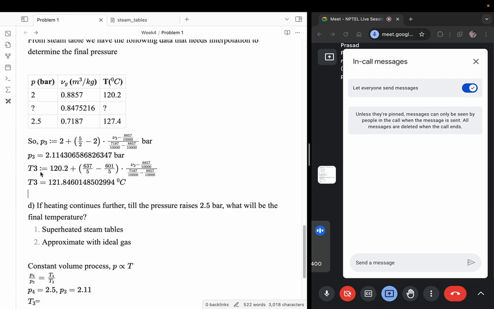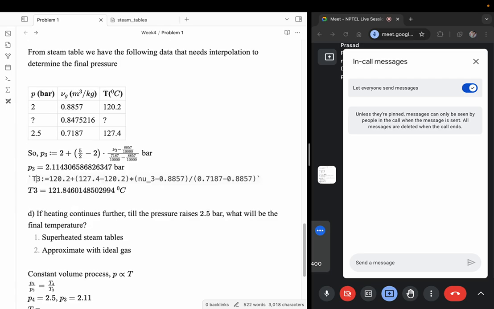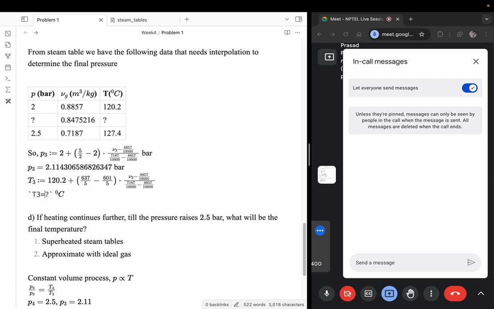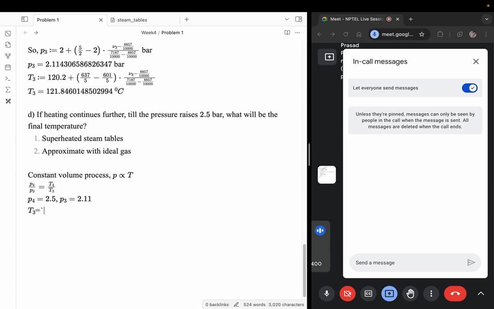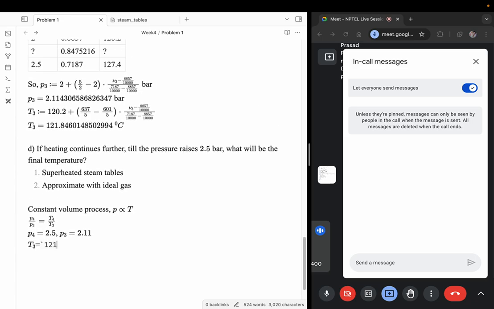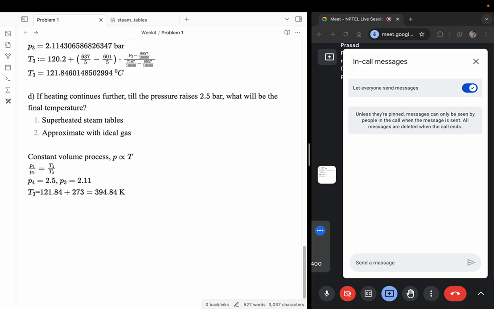So with this temperature, I will be able to calculate the final temperature. So I'll just convert this into Kelvin. So I have around 121.84 plus, we need to convert it to Kelvin, that is around 394.84. So how do I find T4?